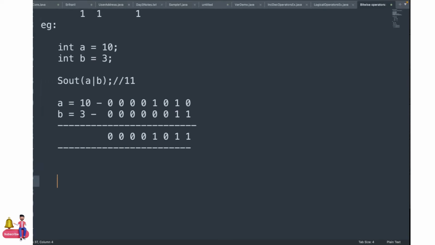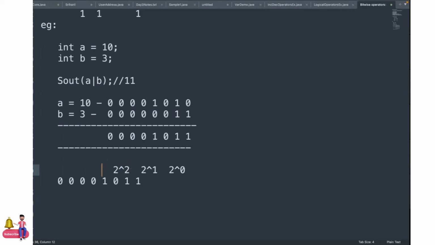0 0 0 0 1 0 1 1. So how to convert this? It's nothing but just using the powers-of-2 formula. For the first one, we say 2 to the power of 0. Second one is 2 to the power of 1, and third is 2 to the power of 2.